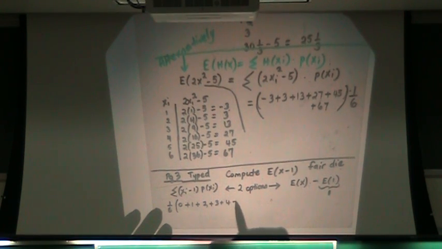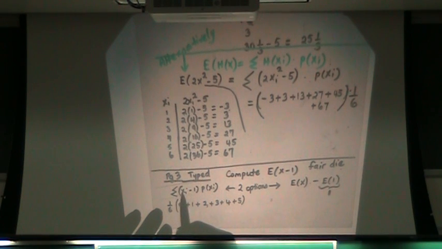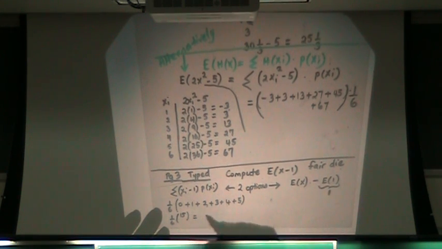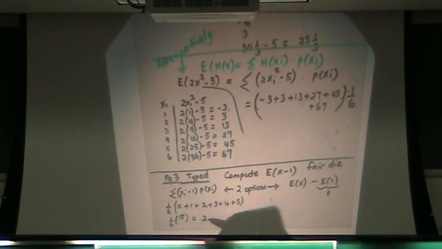And I stop at 5, because 6 minus 1 is 5. So I'm plugging in 1, 2, 3, 4, 5, and 6 for x, and then I'm adding. So this is 1/6 times 5 and 4 is 9, 10, 11, 12, 13, 14, 15. 15 over 6. 6 2s are 12 and a half.